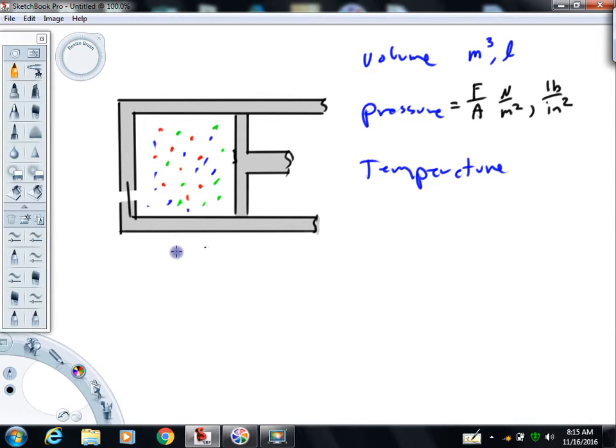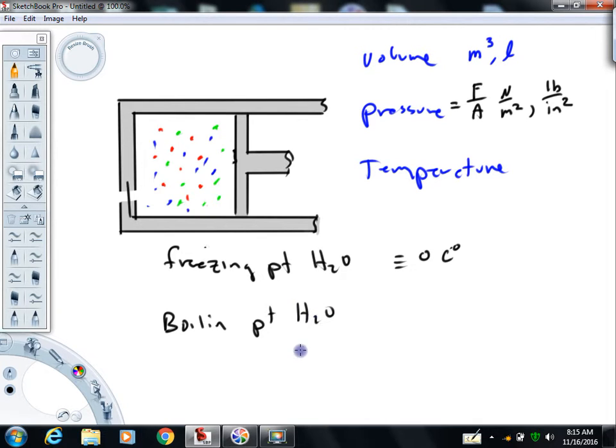The temperature at which water freezes, I'll put the freezing point of H2O, is defined to be 0 degrees centigrade. And then the boiling temperature of water, the temperature at which water changes from liquid to a gas, is defined as 100 degrees centigrade.